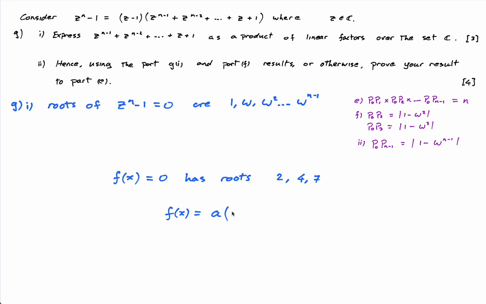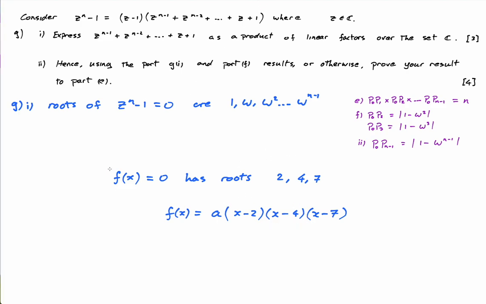It's going to equal a times x minus 2 times x minus 4 times x minus 7. We would have come across that in our sum and product of roots when we studied polynomials. So I can write it like that.